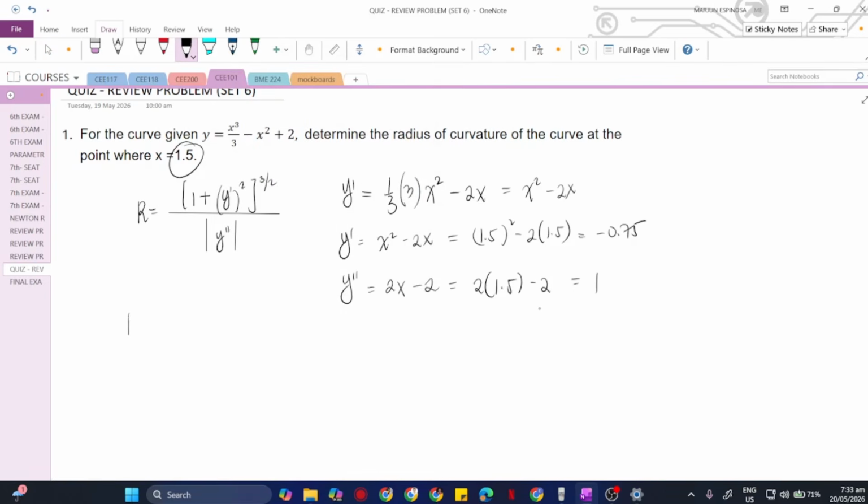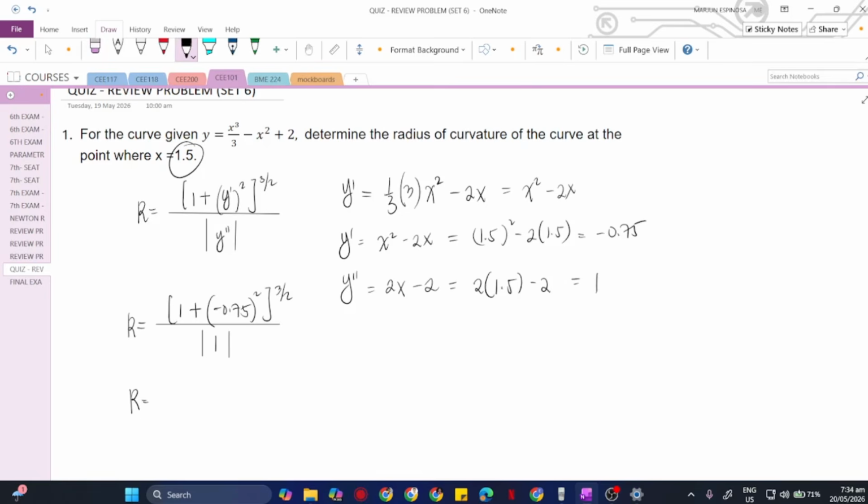So, our radius of curvature would be equivalent to, plugging in the values, 1 plus the first derivative, that is negative 0.75 squared, and all of this raised to 3 halves, over the absolute value of our y double prime, which is equivalent to 1.